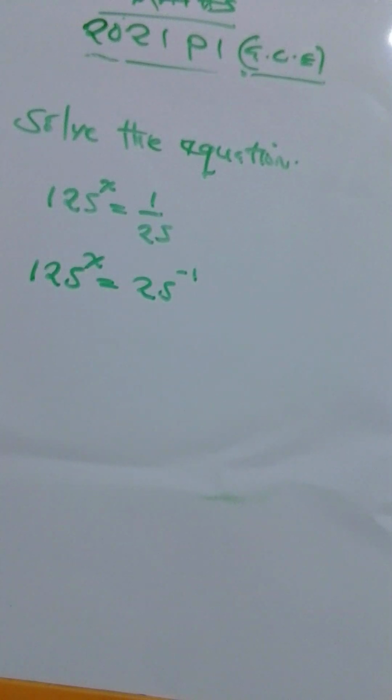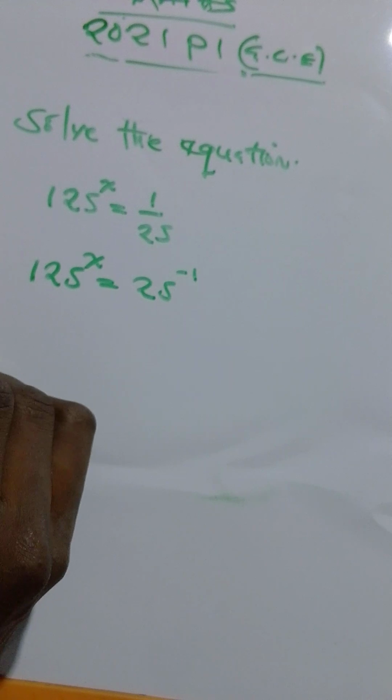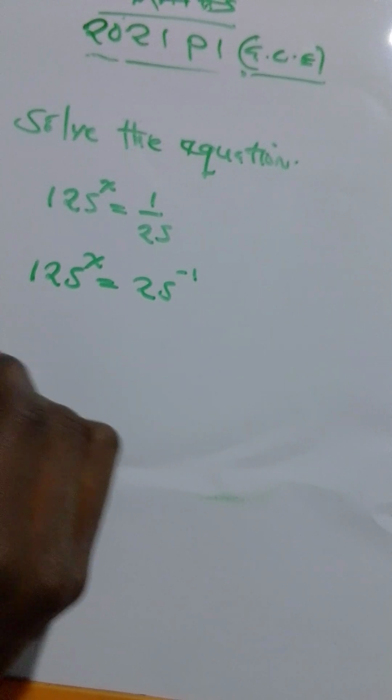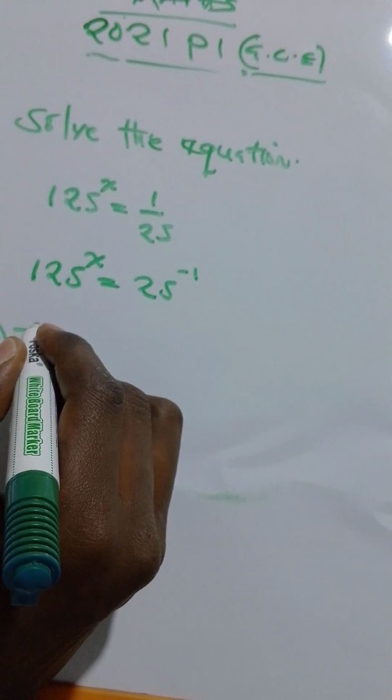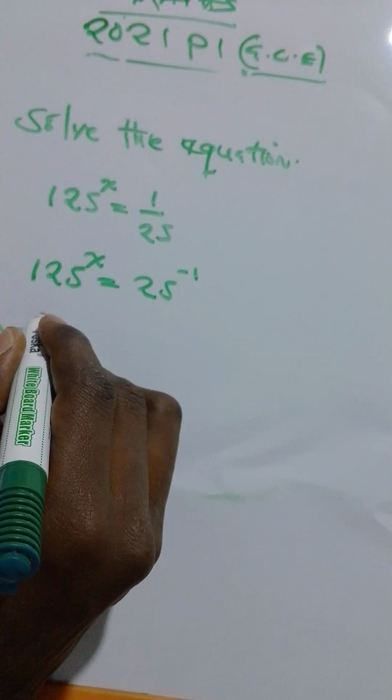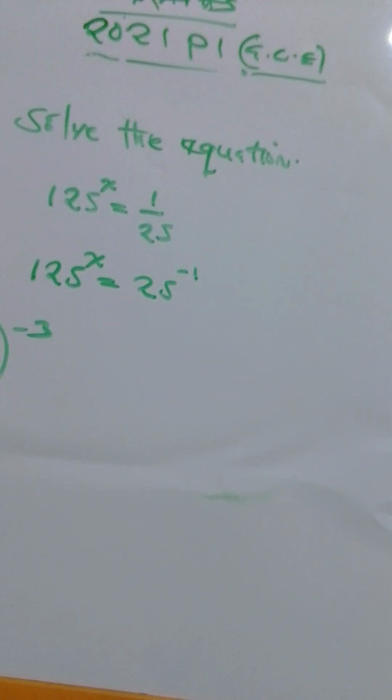It's like I've been given something like 2 over 3 open bracket negative 3. Then to evaluate this one, you can use two methods.